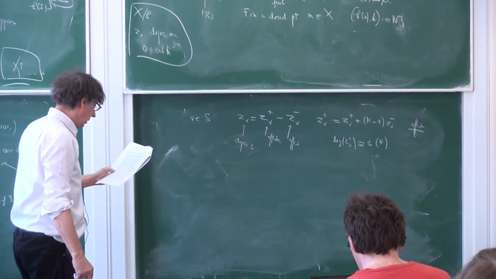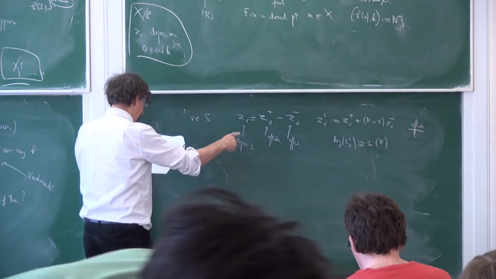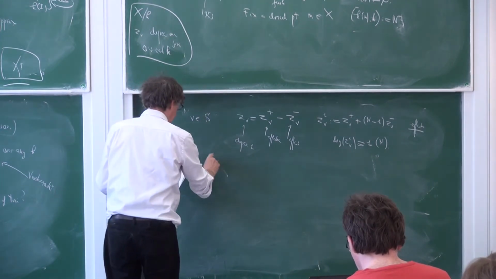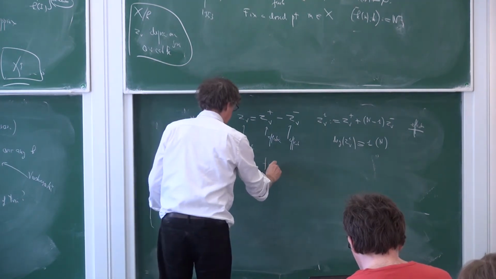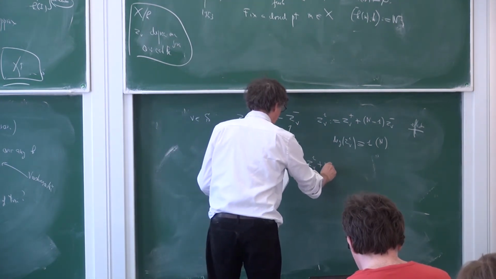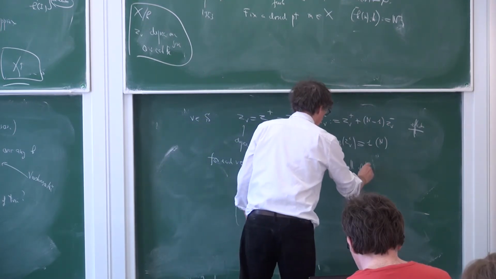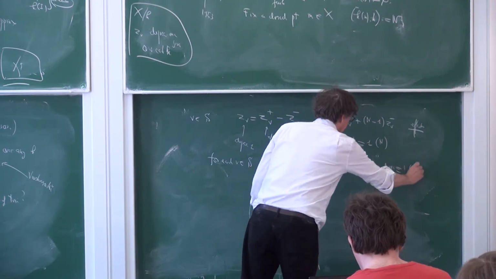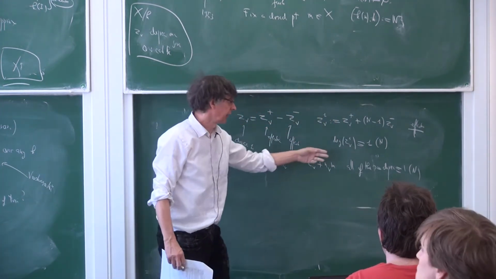Now we have finitely many Z_v here, so we're going to add a suitable multiple of n. For each v in S, find N_v, which depends on S, and then you take Z_v^1 plus N_v M. The Z_v^1 are not all of the same degree, but they're congruent to 1 mod n.